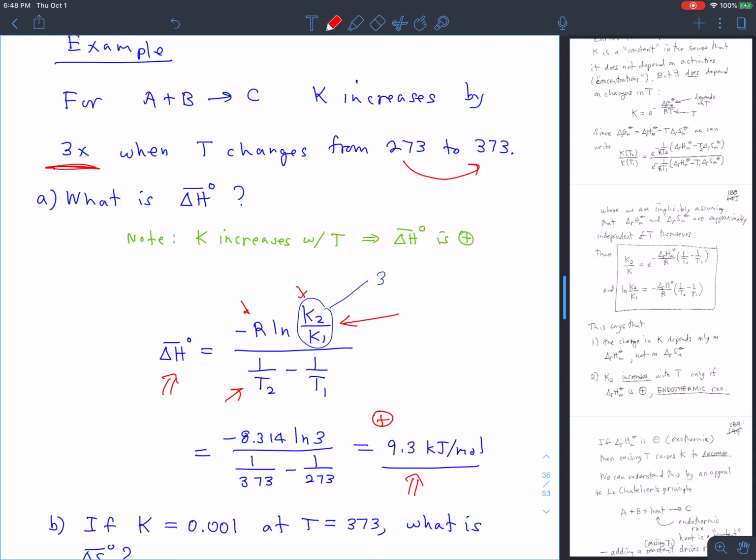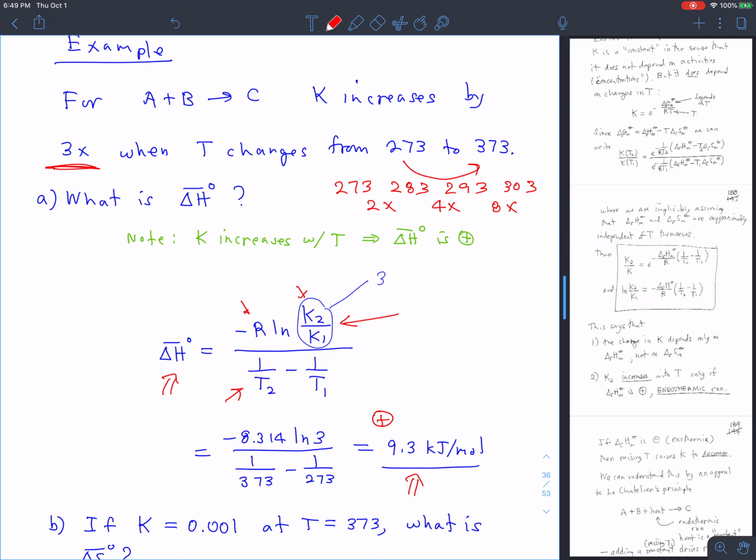Look what should have happened if the rule of thumb worked. If we went from 273 to 283, that's a 10-degree rise, we should have gotten a 2x change. Then if we go to 293, that's another 10-degree rise. We should have gotten another factor of 2, so a total overall of 4x change. If we go to 303, we should have gotten an 8x change, and so on.